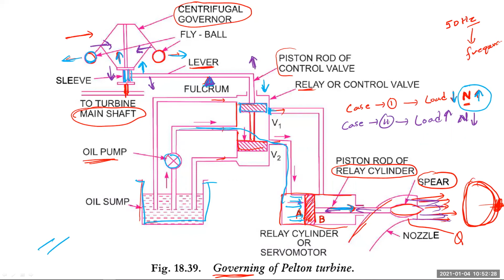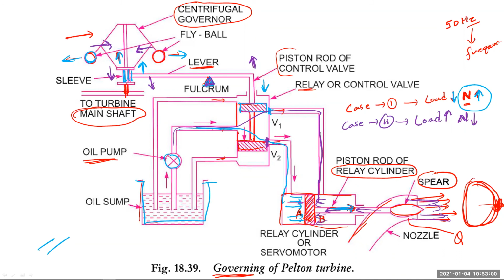Since this is connected to the piston of this control valve, this will close valve number 2 and valve number 1 will be open. Then again the oil from this side will come and go to your valve V1, and again it will come to the relay cylinder from this side, and it will create a pressure on face B of your piston.